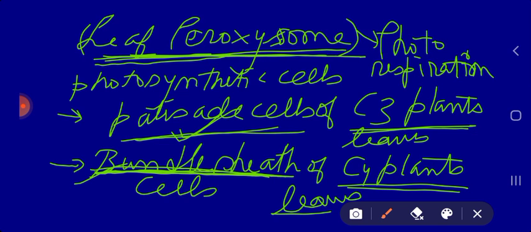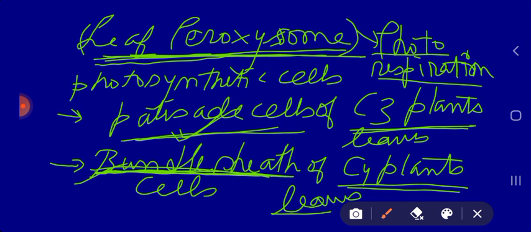And why do we do photorespiration? We dissipate the energy where the stomata get closed during the daytime because of water stress. Actually, photorespiration protects the plants from photooxidative damage by dissipating the excess excitation energy, right?